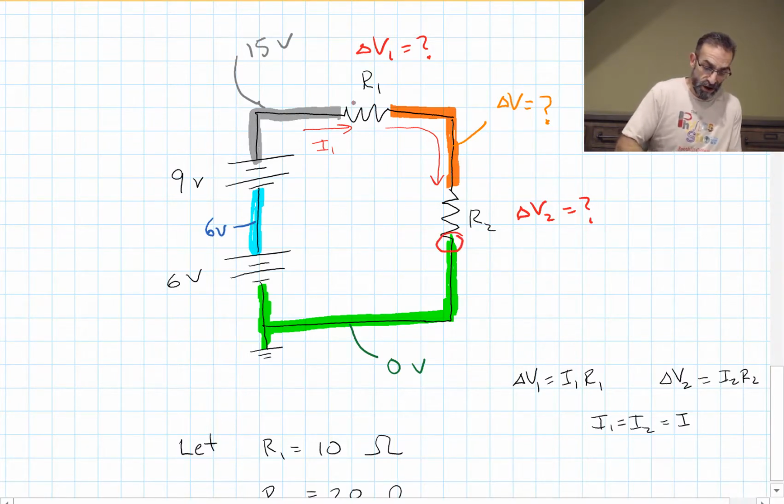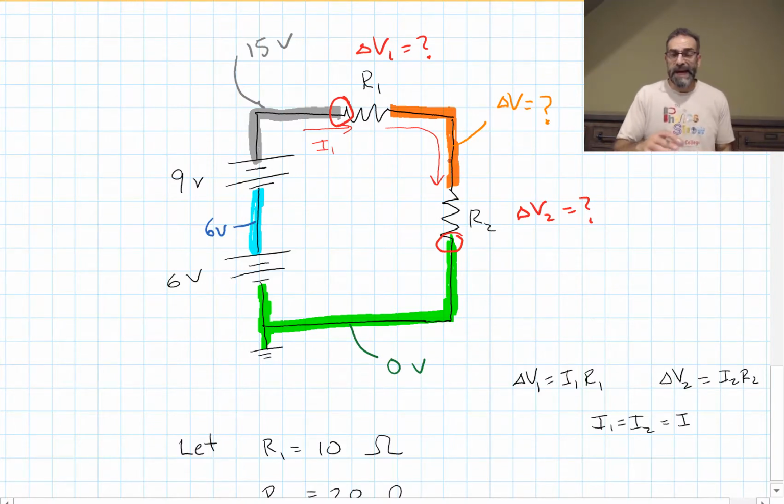And R1 is connected up here to 15 volts. So if we ignore this middle patch, we know that the voltage drop across R1 plus the voltage drop across R2 has to be the full 15 volts. We're not sure exactly what this intermediate voltage is, but we know the total has to be 15.